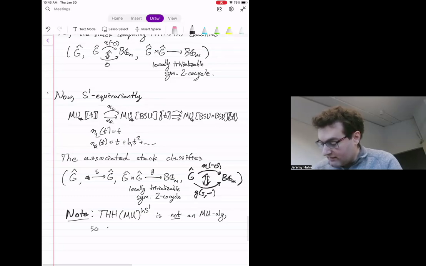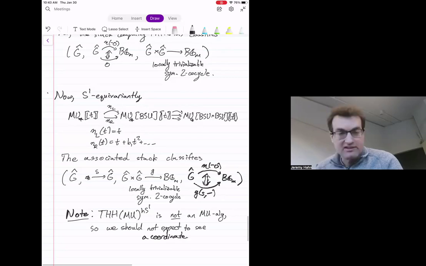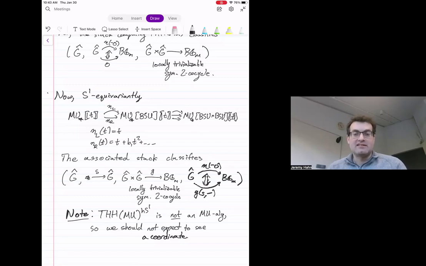So we shouldn't expect to see a coordinate. And indeed, we don't see a coordinate, but we see something that kind of plays a role of a deformed coordinate. And the fact that you see something kind of close to a coordinate is why the Hopf algebroid seems to have a substantially easier answer than, say, the homotopy groups of the sphere or something like that.